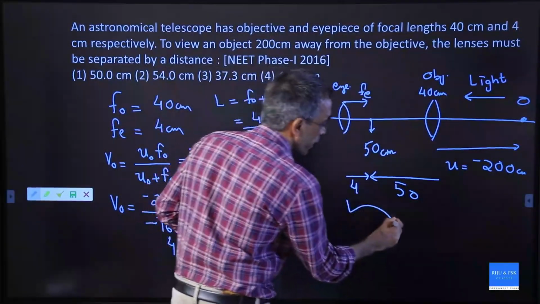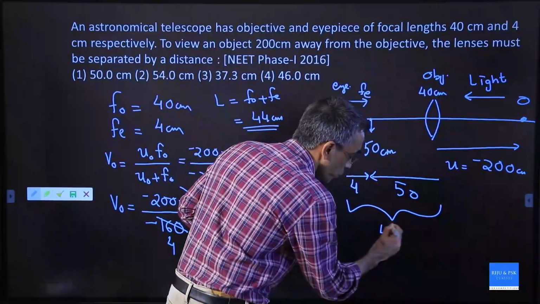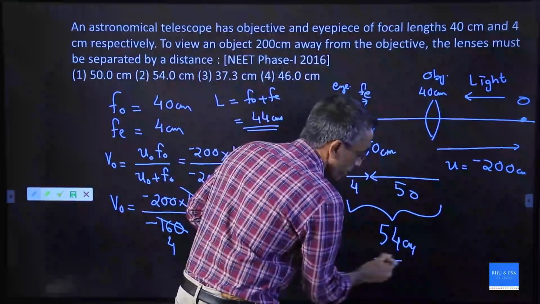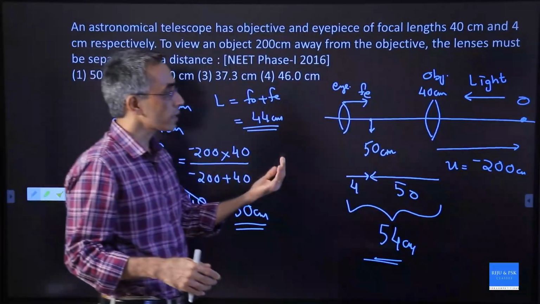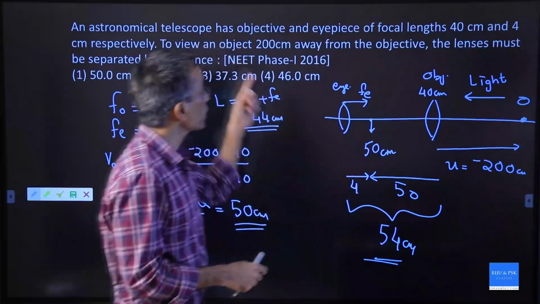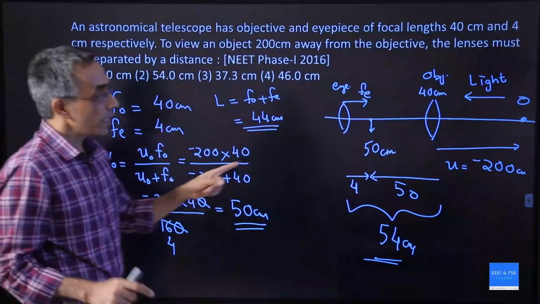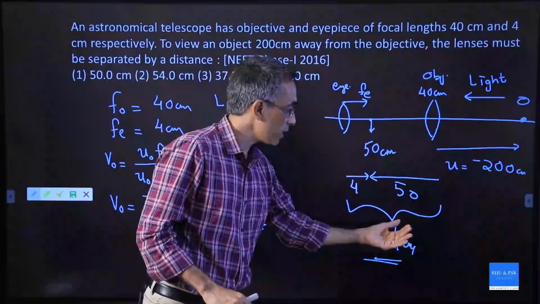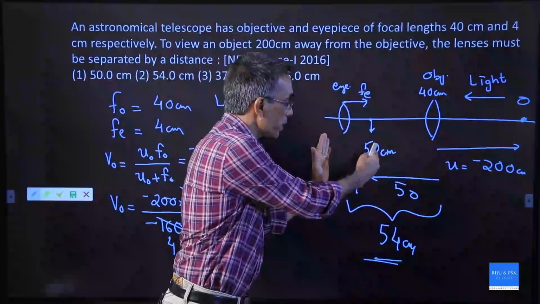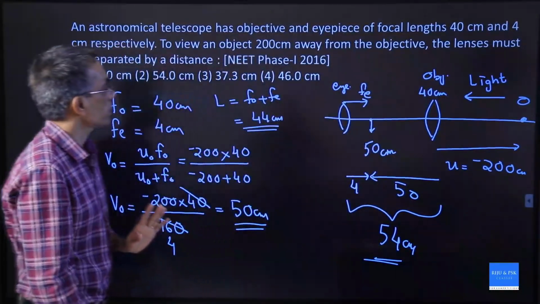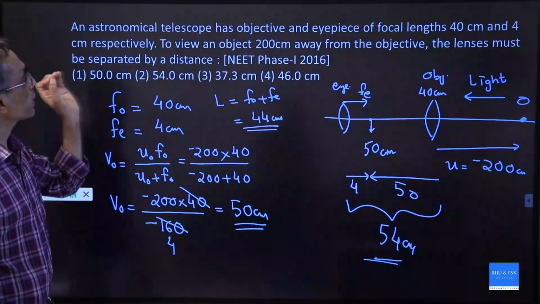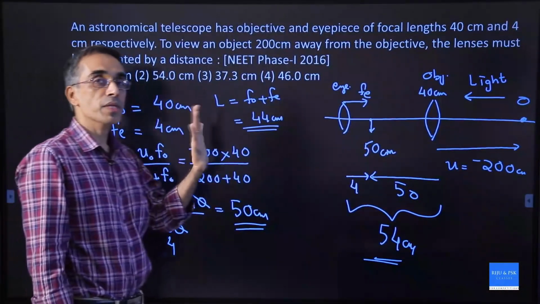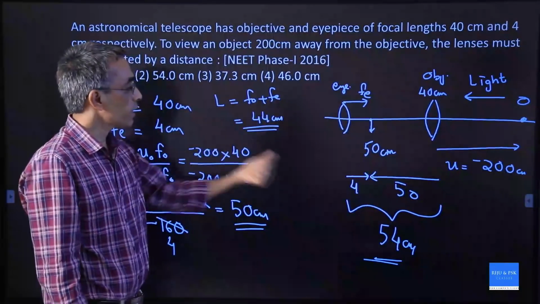So the total length between the two must be equal to 54 centimeter. If the final image is at D, this will be different, but nothing is mentioned here. I will say if the final image is at D, then this value will be different, the answer will be different. My option is 54, because for a telescope final image must be at infinity. That is why I chose this method.